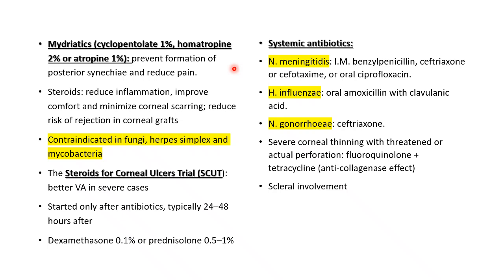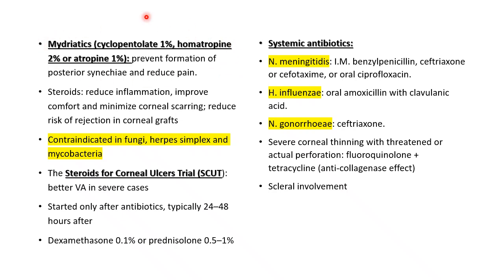Now, in cases of, say, viral keratitis, topical antibiotics may not be useful unless there is a superadded bacterial infection. But cycloplegics have to be used. So mydriatic cycloplegic is one drug that is used in almost all cases of keratitis, irrespective of the antibiotics, to prevent the formation of synechia and to reduce the pain that is associated with ciliary spasm.